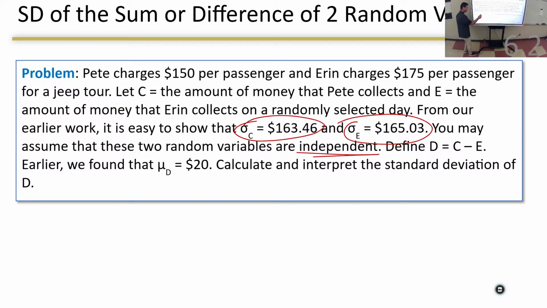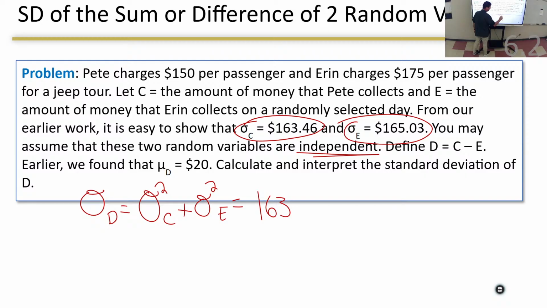And so the standard deviation of D is equal to the square root of the variance of C plus the variance of E, which is equal to 163.46 squared. Holy cow, we're getting some big numbers. Plus 165.03 squared.